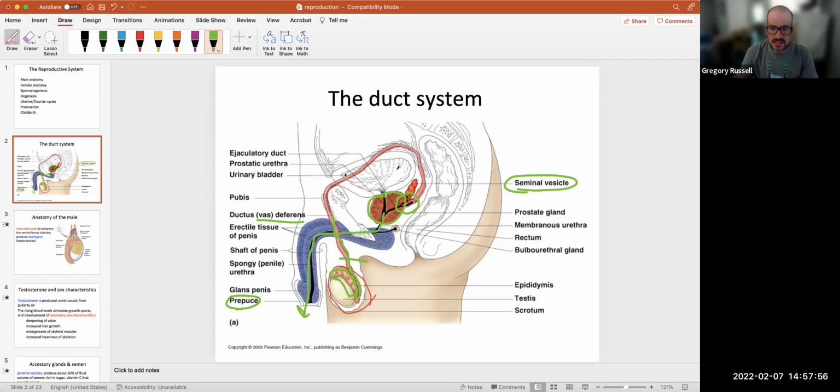You will notice that right in here in the prostate gland, we start to share plumbing with the urinary system. The urinary bladder is this structure right here, and urine exits the body out the urethra as well. So there is a little bit of shared plumbing here between the urinary system and the reproductive system.